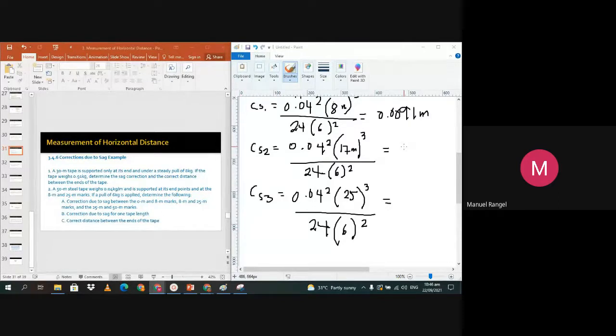Then sa CS2, 0.0091 meters. Then CS3 is 0.0289 meters.